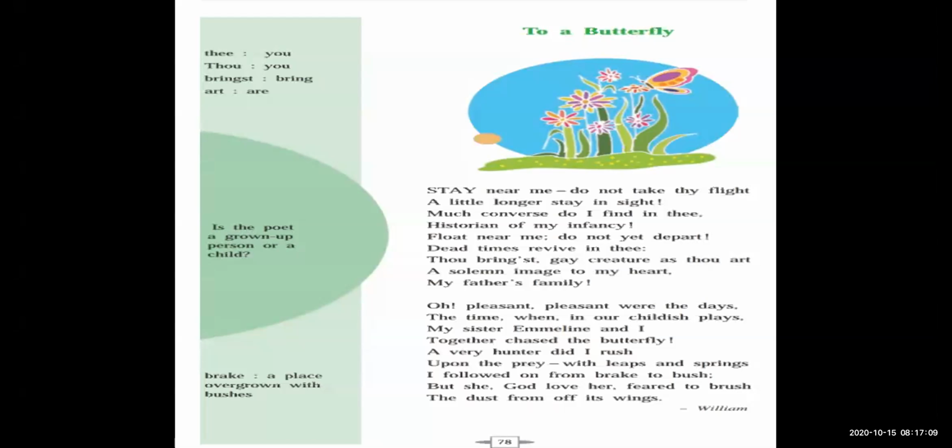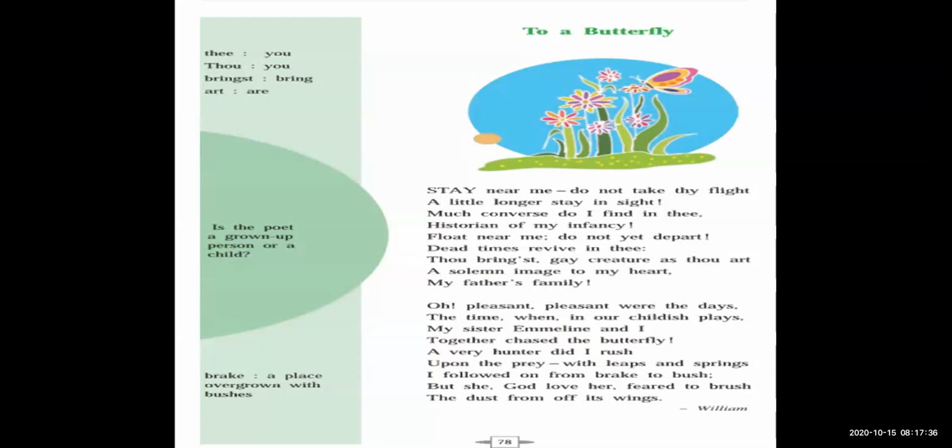The poet is sharing his childhood memories with us. Here the poet urges the butterfly. The poet requests the butterfly to stop near him. Do not take thy flight. It means do not depart away. Do not go away from this beautiful garden.